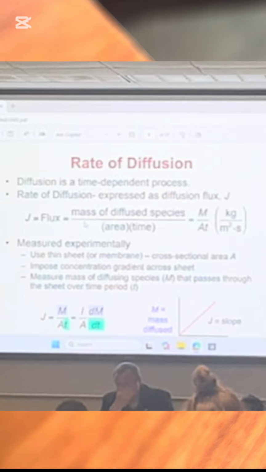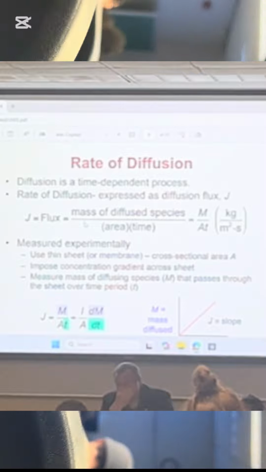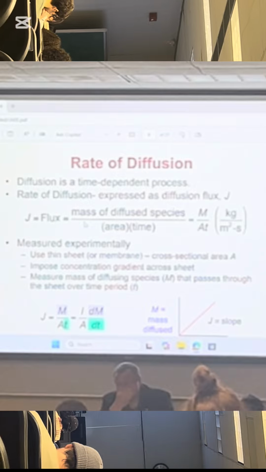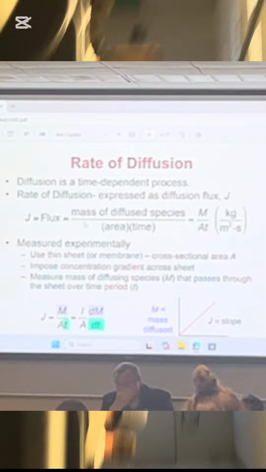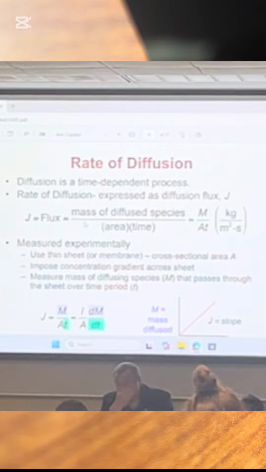Whenever we are dealing with exponential dependence on temperature, the temperature is expressed in certain units. What are those units? They're in Kelvin, right? So then the corresponding constants are also going to be in Kelvin, right? And the energy can be expressed in electron volts, or it can be expressed in joules.